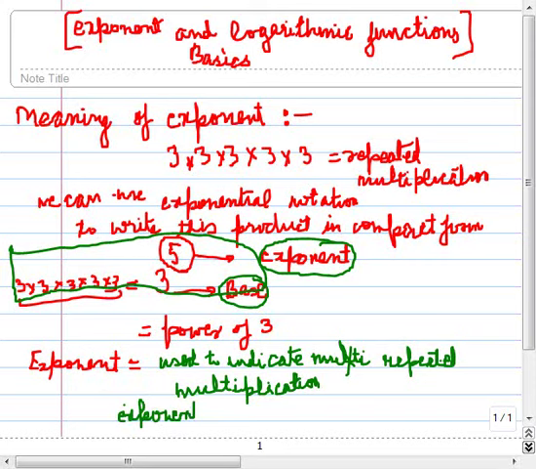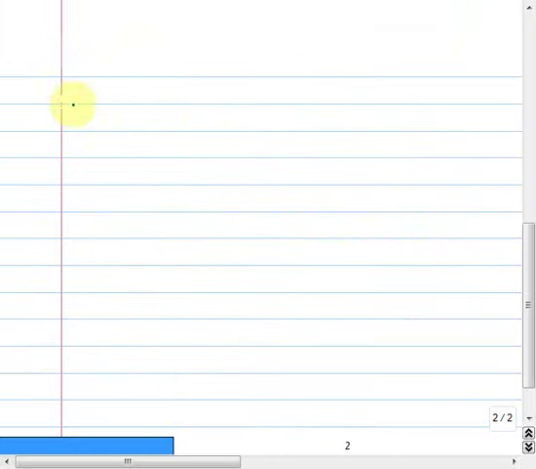Now here we are not dealing with exponent, we are dealing with exponent functions. What is that exponent function? As we have seen, exponent was of this form, x to the power 5 or 2 to the power 5.